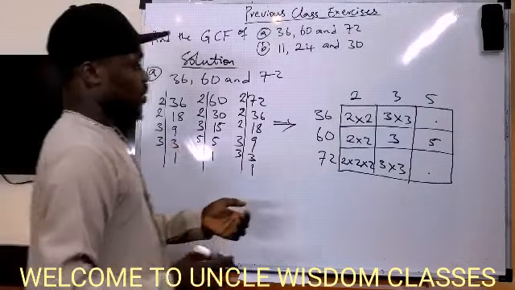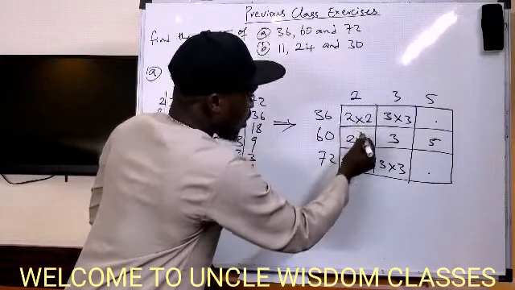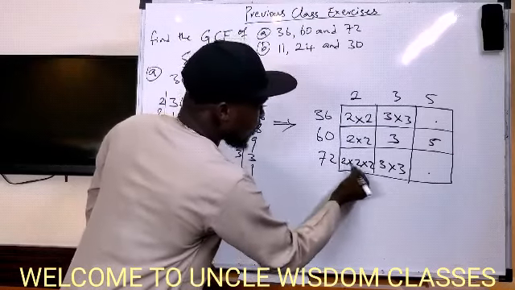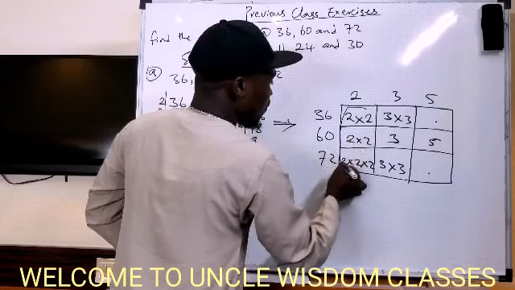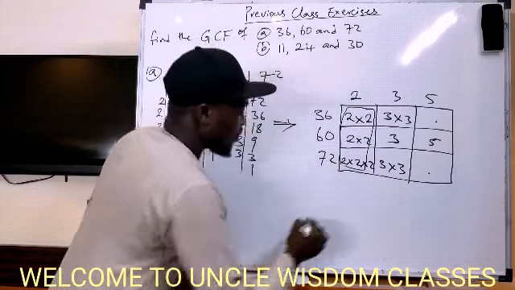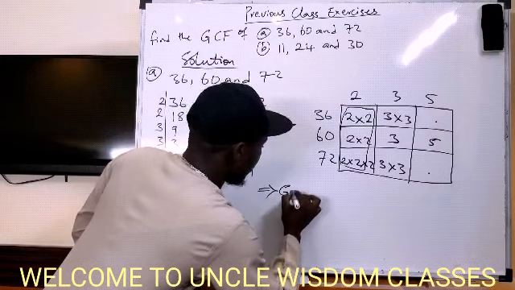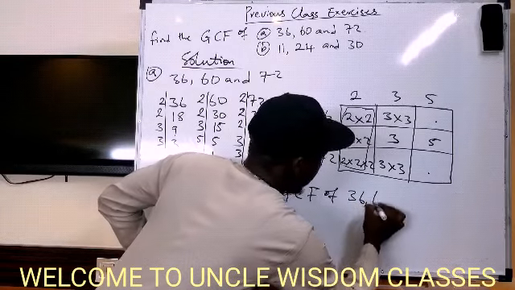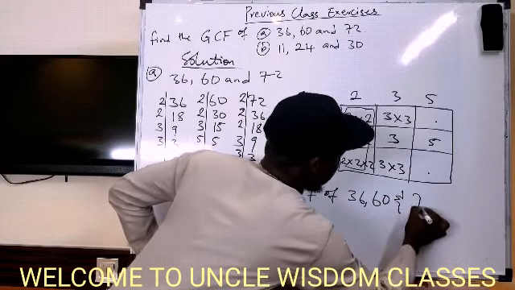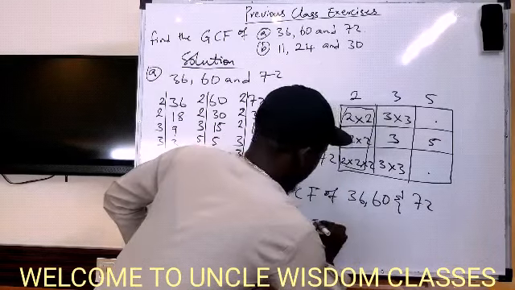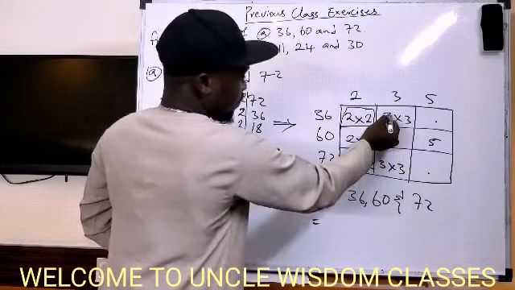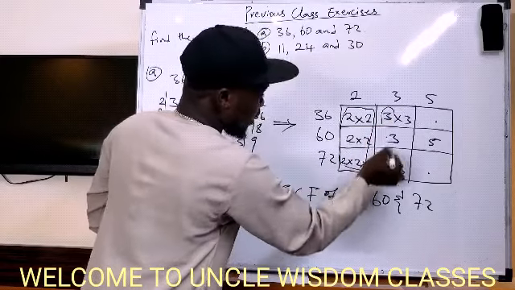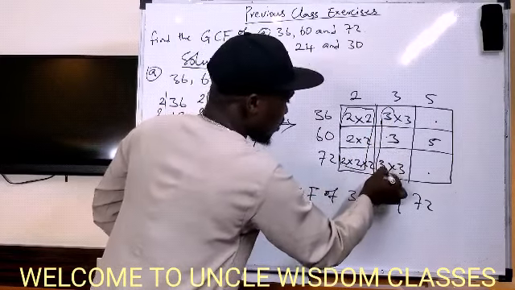So when we come to 2 now, we find out that 2 appeared in 2 places here, and in 2 places here, and in 2 places there. Therefore, we take them. This implies that the GCF of 36, 60, and 72 is equal to, 3 appeared once here, in 2 places here, and once here, so we take the common one.